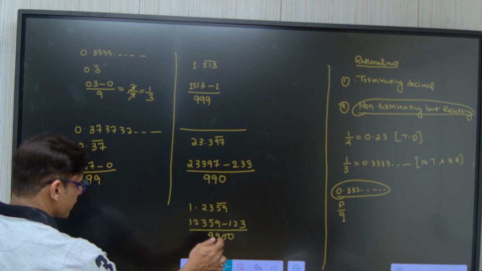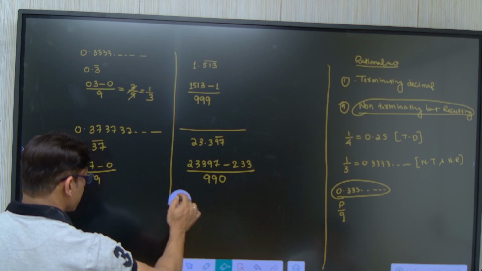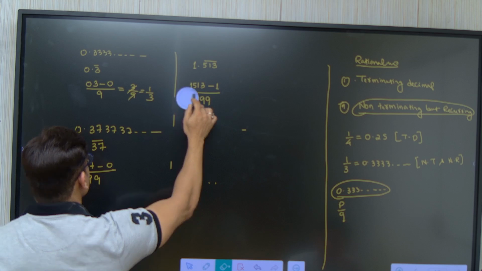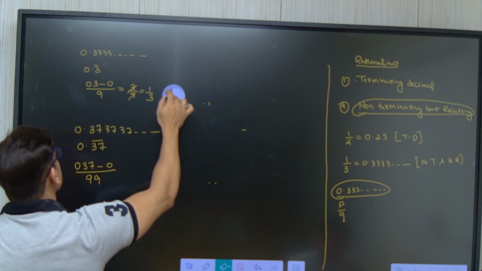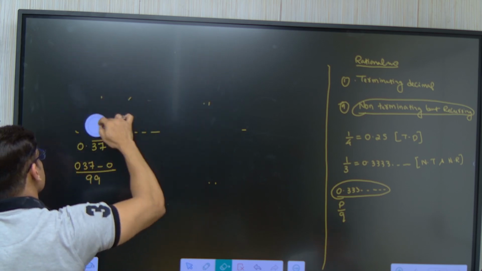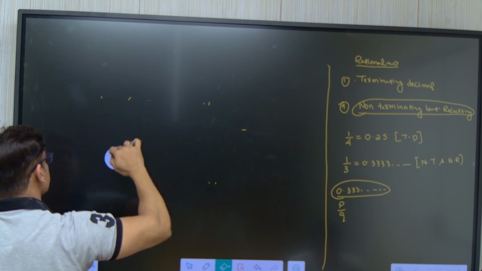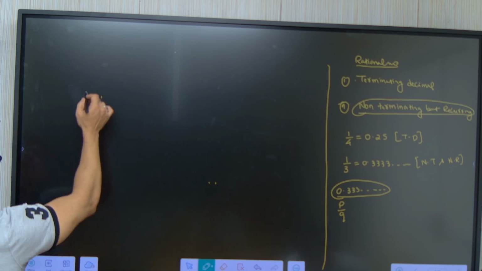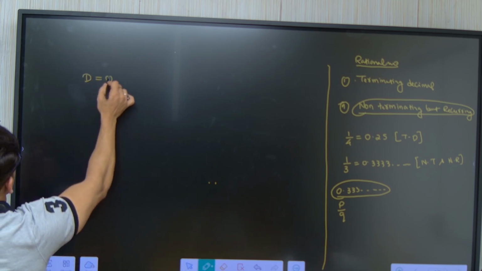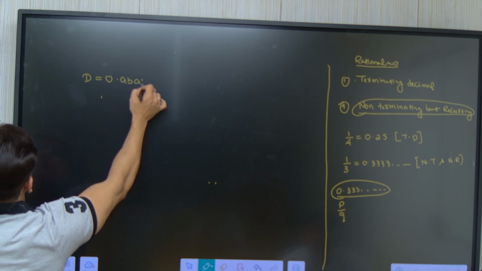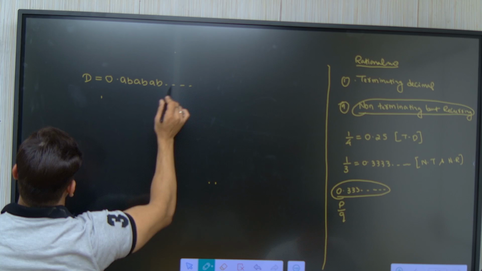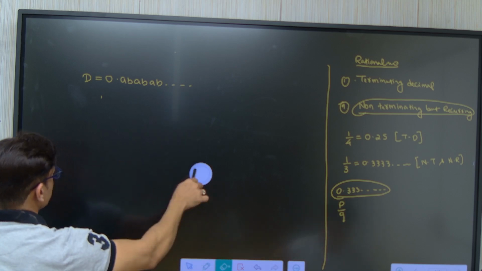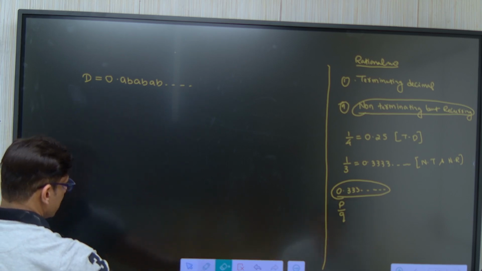Let me tell you a CAT question. There was one question which was asked in CAT. Let's do it quickly and then we'll take up some problems. The question says that D is a number which is 0.AB, AB, AB, and so on, right?